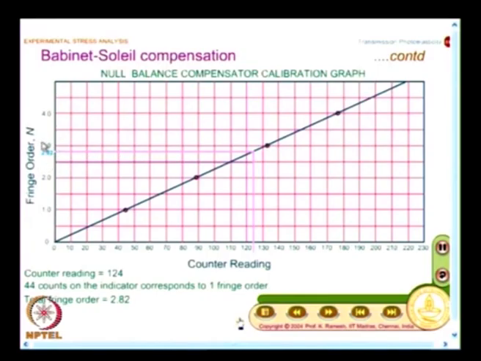So, it is easier for you to do this, you have this as 2.82, and this is supplied by the manufacturer. He gives you 44 counts on the indicator, corresponds to one fringe order. This is for the particular piece that is supplied. So, this may vary from batch to batch or piece to piece, and this will be supplied by the manufacturer.